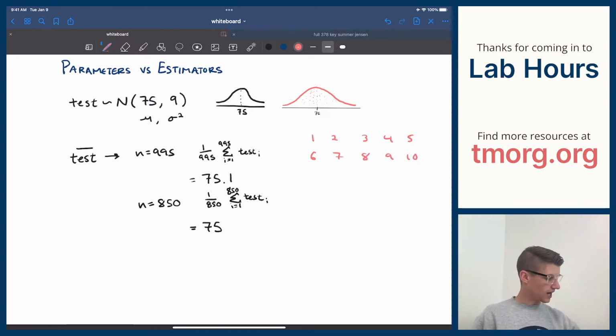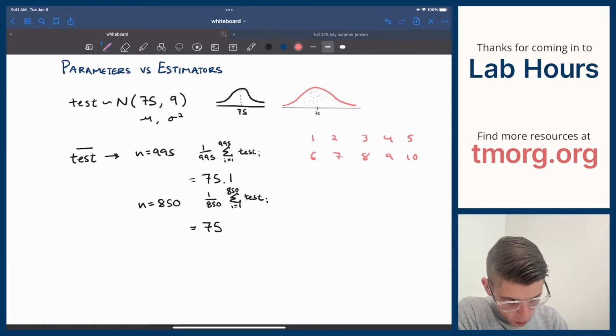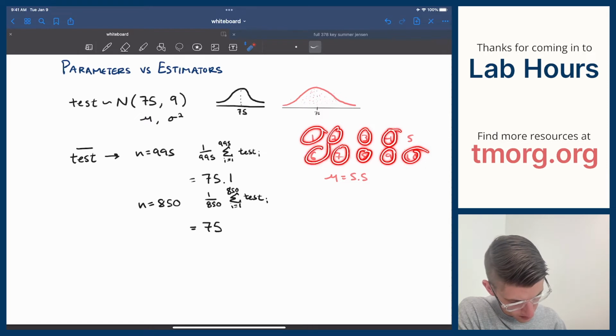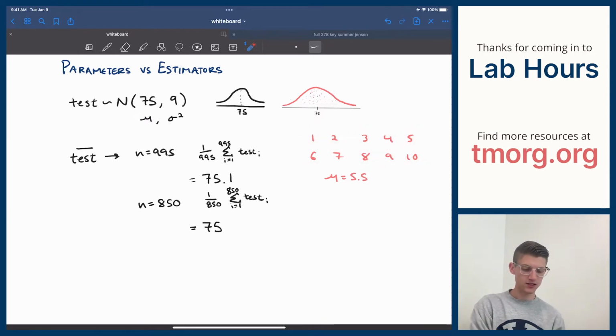And I said, let's say this were the population, and I want you to estimate the mean. So we know, in this case, that mu would be equal to 5.5. That's just add up all the numbers, and every pair adds up to 11, so when you divide by 10, it's going to be 11 times 5 divided by 10, which is 5.5.